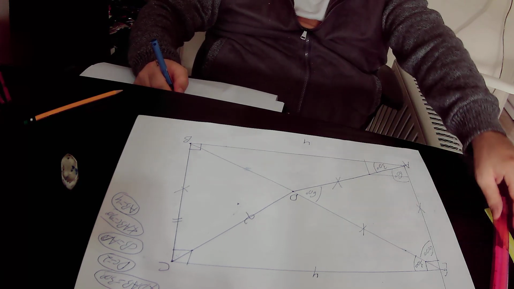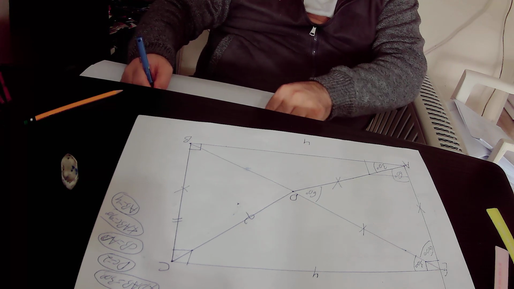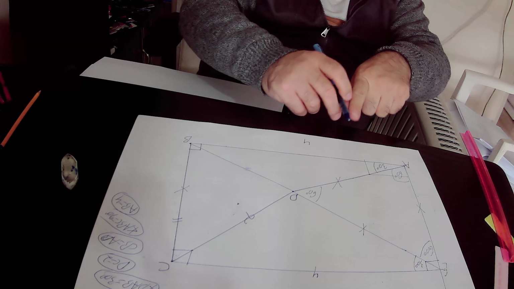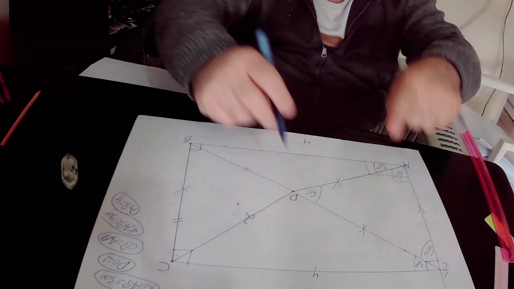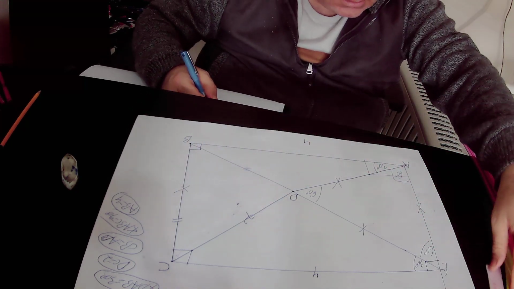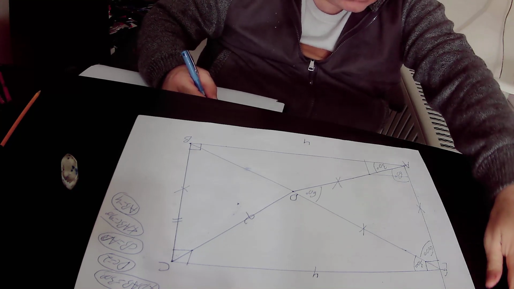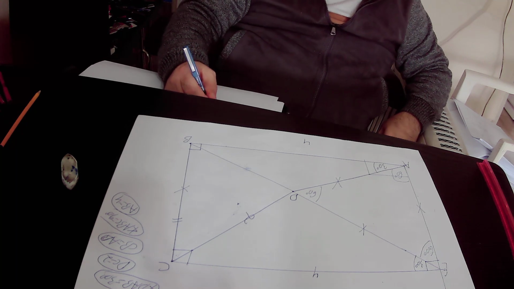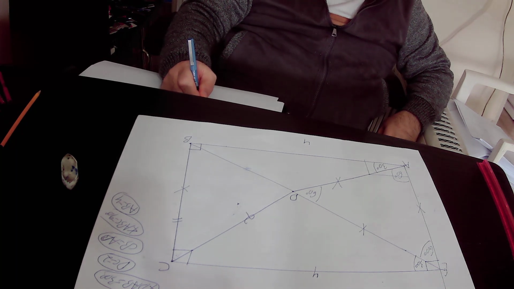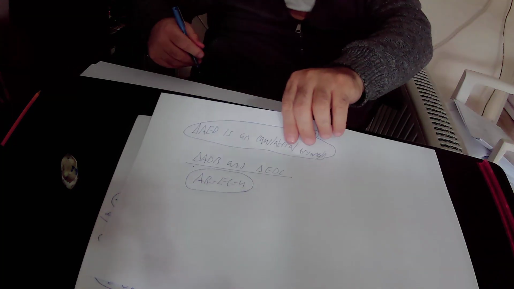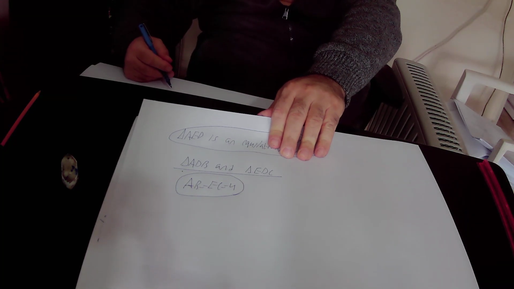So why can those two triangles go into each other? First of all, we know that AB equals EC equals 4 units. I'll repeat again. We know that AB equals EC equals 4 units.